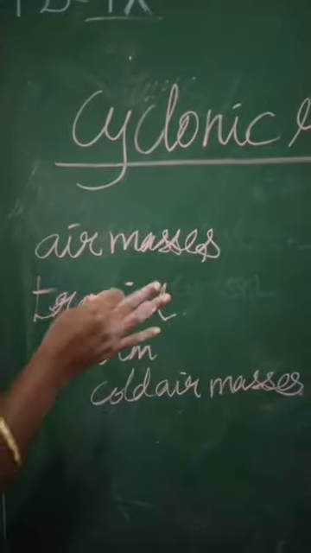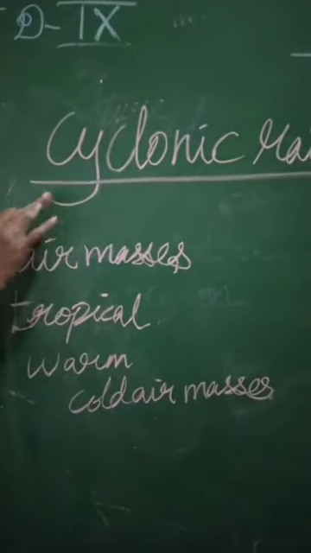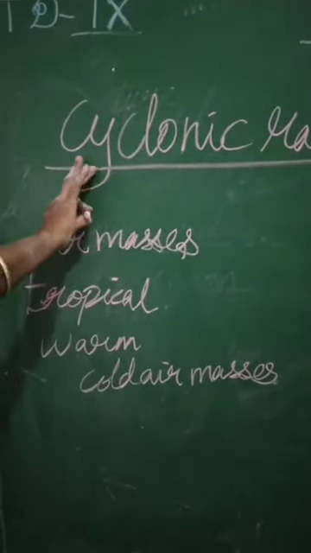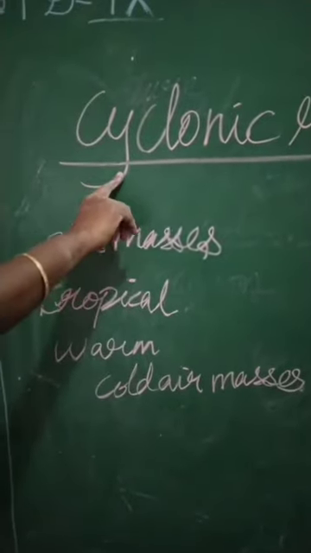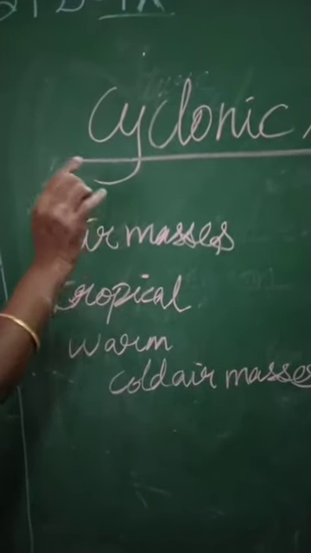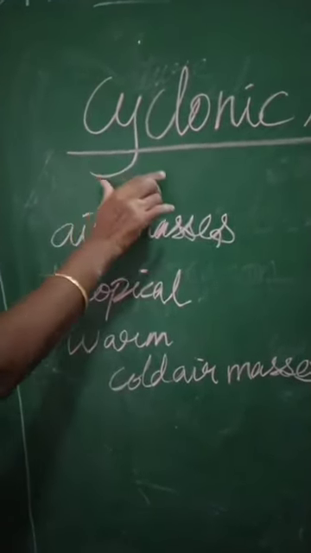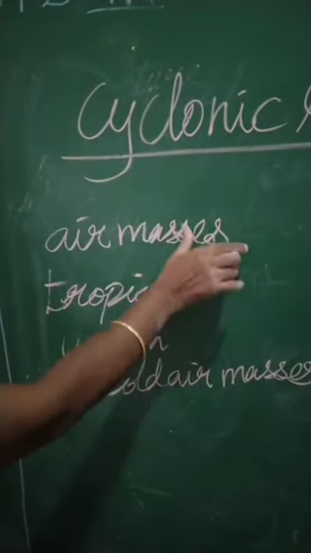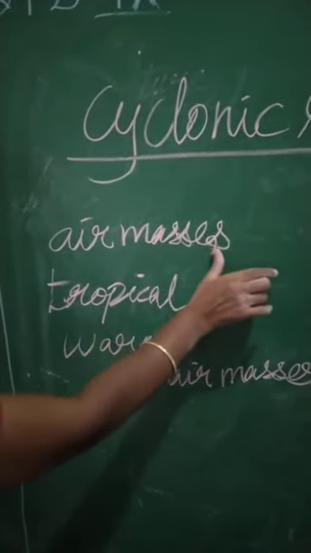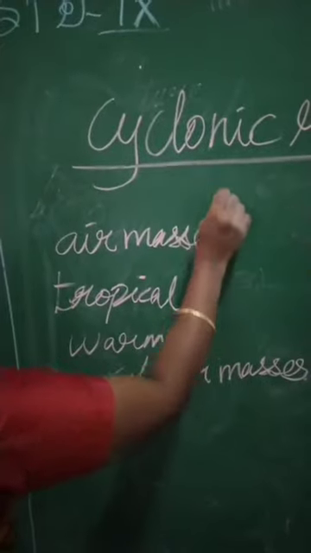Dear students, cyclonic rainfall is a very important one. Already you know what the effects in a cyclone are. It is very simple. The warm air from the hot area is further heated and moves upward.